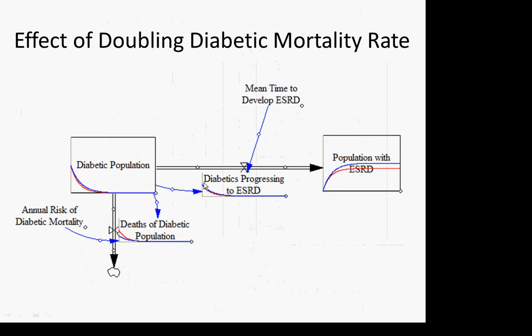And we talked about that before. So in other words, my chance of going down this flow is affected pretty significantly by whether you have no chance of going down this flow versus a very high chance. The mean time it will take me to go down this flow is affected quite a lot.